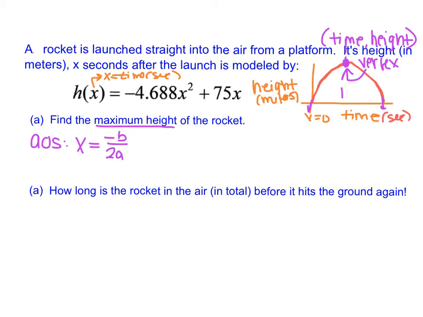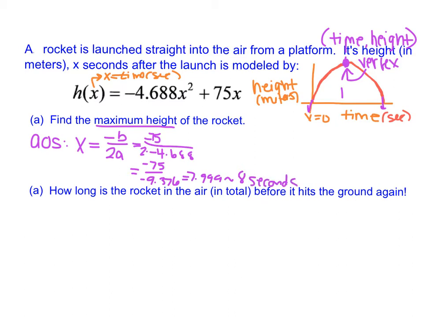So if we use the equation that's provided to us, we have negative 75 divided by 2 times negative 4.688. Which, if we simplify that a little, we get negative 75 divided by negative 9.376, which, if we divide that out, becomes 7.999, or if we estimate a little, this is about 8 seconds.